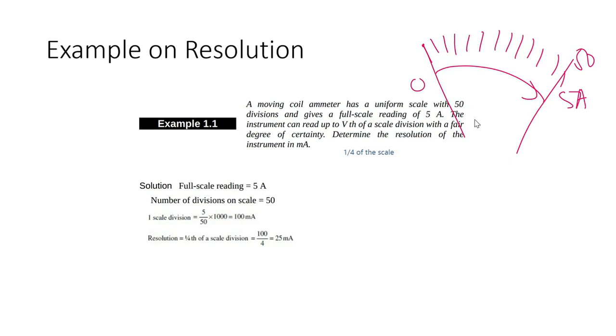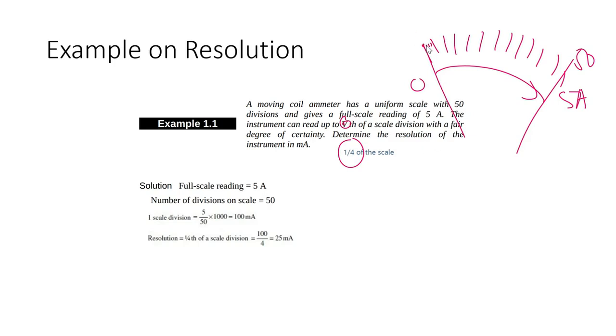So 50 divisions would give us a 5 ampere current. Now the instrument can read up to 1/4 of one scale division, so we have further 4 parts inside each division. Determine the resolution of this instrument in ammeter.